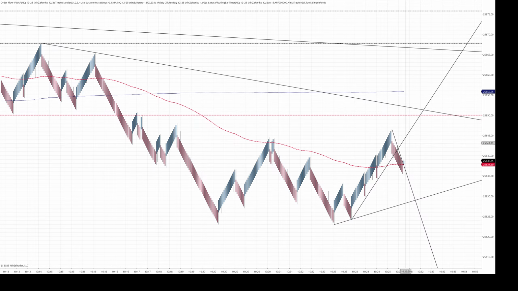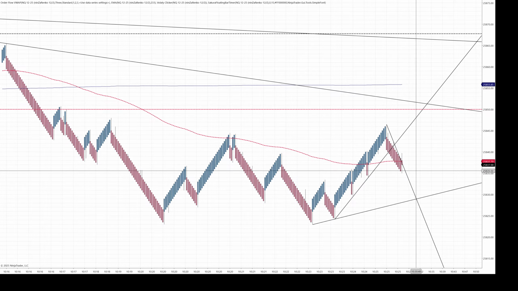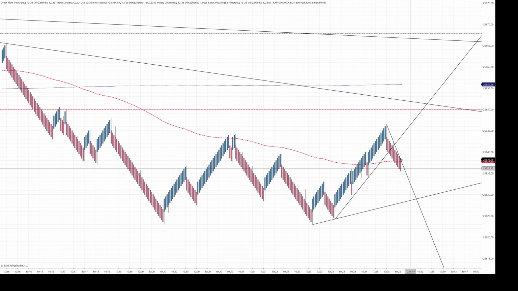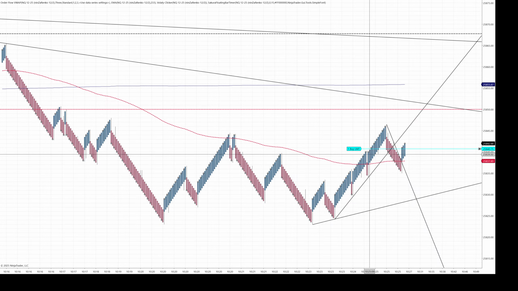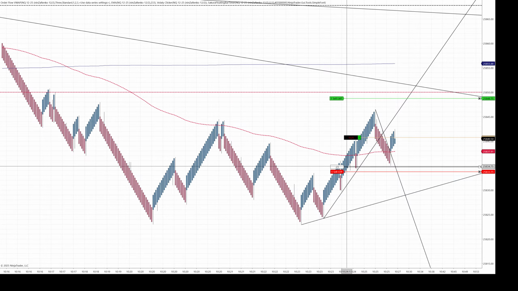We can take this to the upside if it decides to give us a bullish trigger here. Okay, this is going to be a bullish signal.